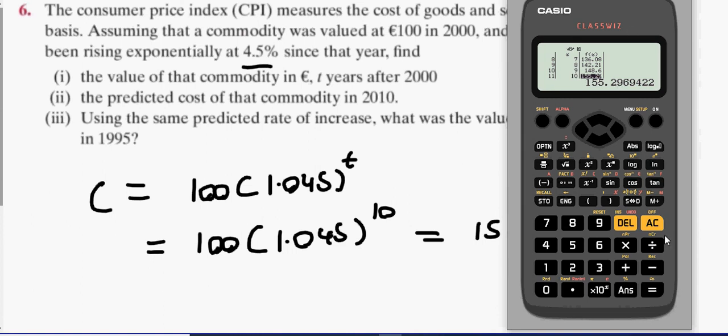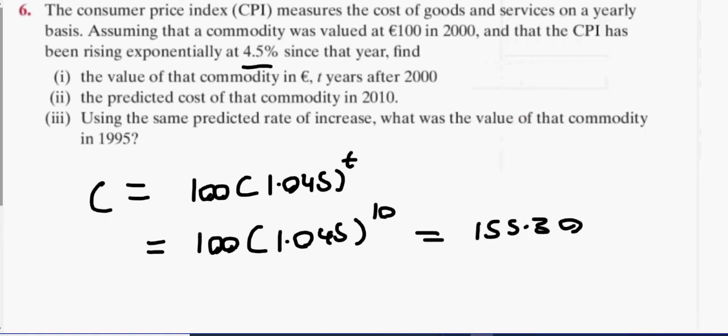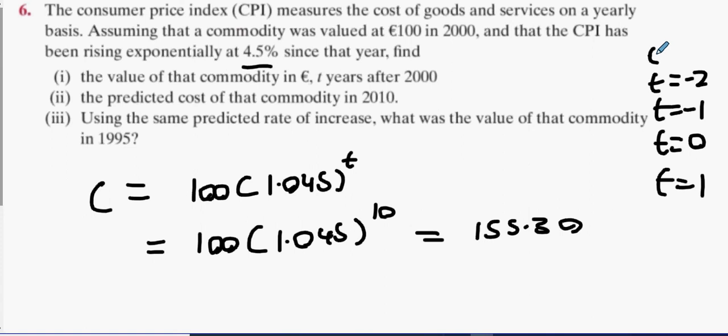Now, oddly enough, there's a little trick here. Here's your trick. What's 5 years beforehand? If t equals 0 is 2000 and t equals 1 is 2001, what's 1995? Exactly. Minus 5 from 2000, so 1995 is t equals minus 5.